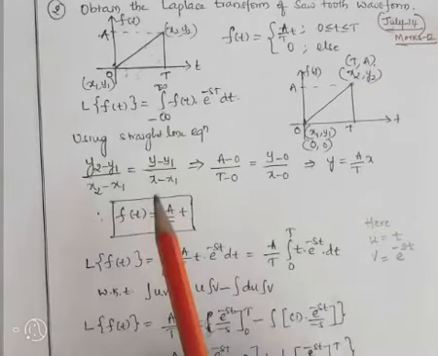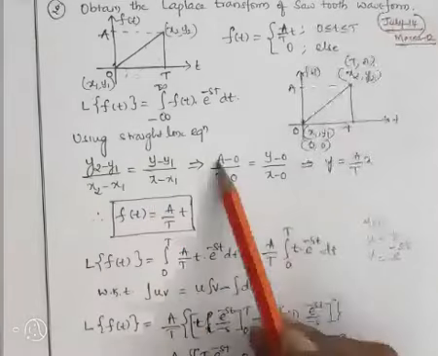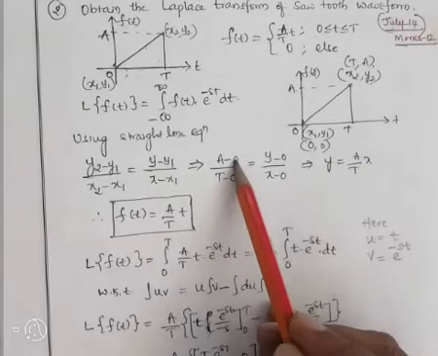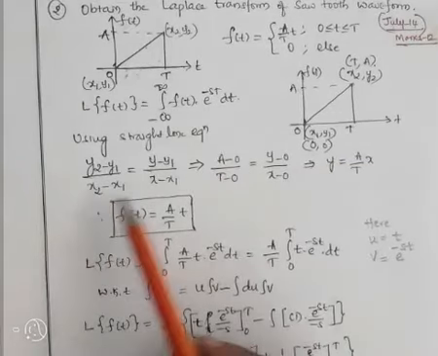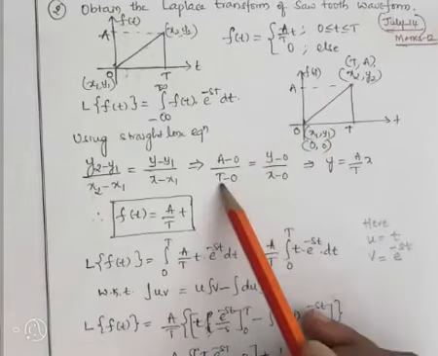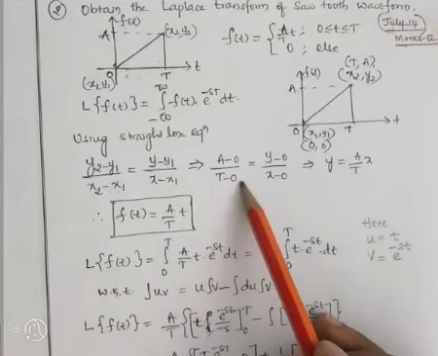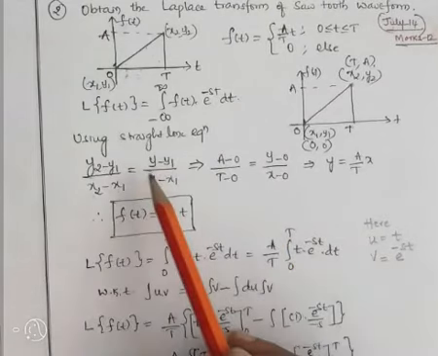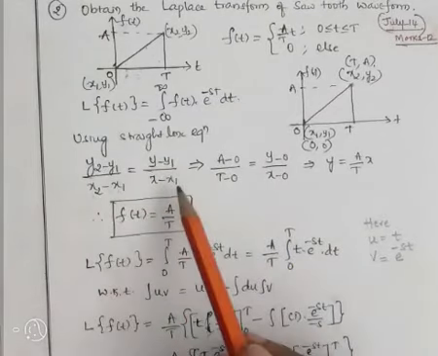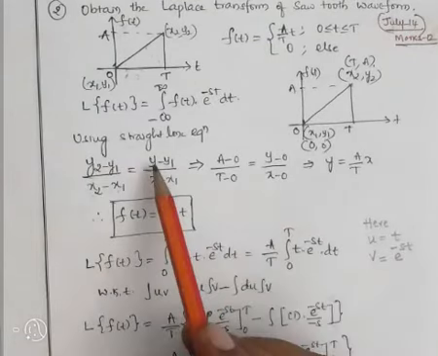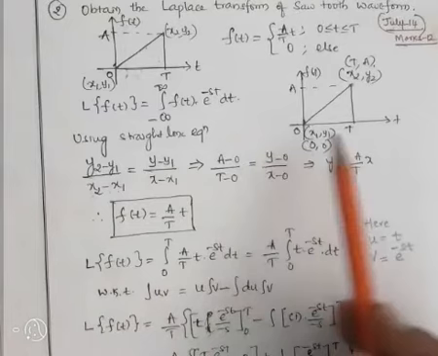Y2 is A, minus y1, which is 0, divided by x2, which is T, minus x1, which is 0. Simplifying, we get A by T. Then coming to the right side, y minus y1, where y is as it is and y1 is 0.